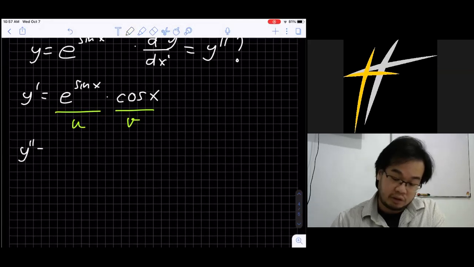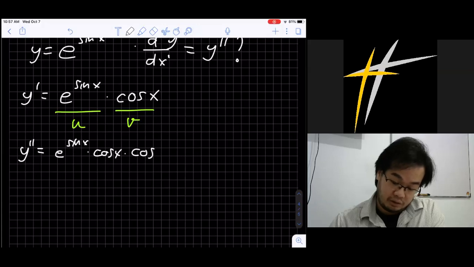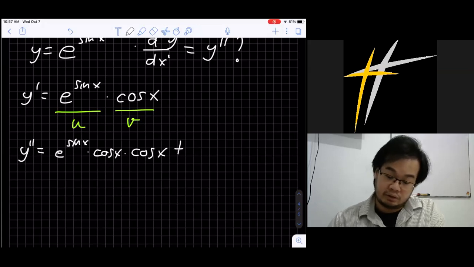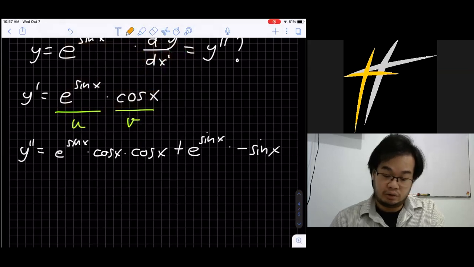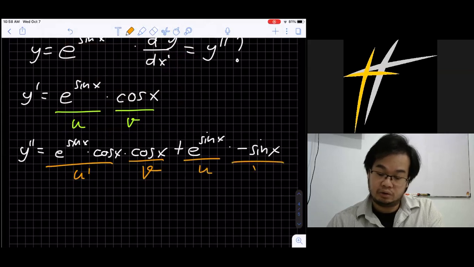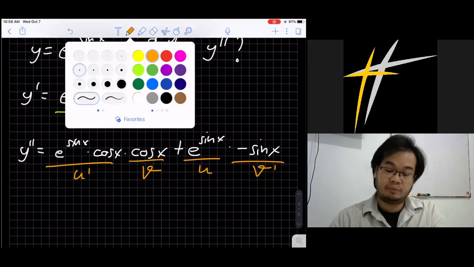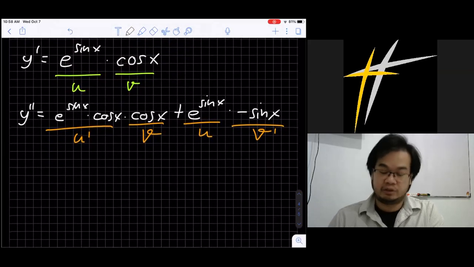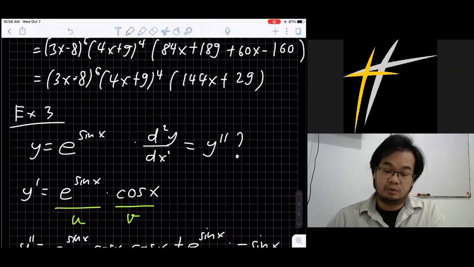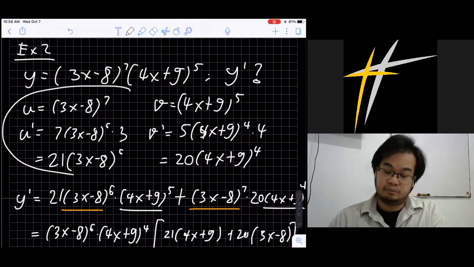So y double prime is equal to u prime phi plus u phi prime. Okay. So this is u prime, this is phi, this is u, this is phi prime. If you get used to it already, then you may do that instead of writing it one by one like this.